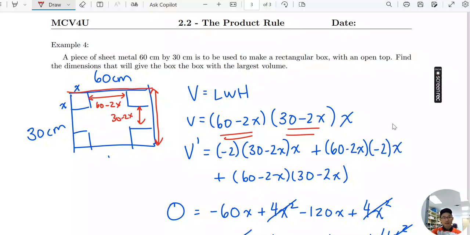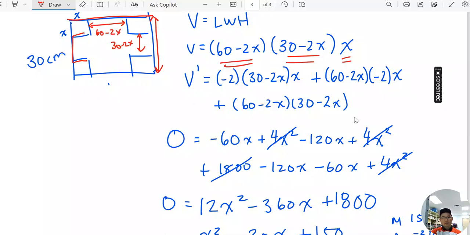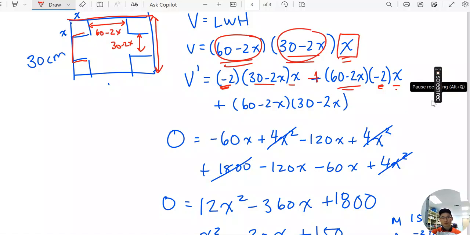And the height is just, now picture this being folded upwards. Okay, that will give me the height. Now I have 3 things to find derivatives of, but it's the same thing. So first off, I found the derivative of the first bracket, copy the other two, then plus found the derivative of the second bracket and copied the other two, then found the derivative of the third one, which is just an x.